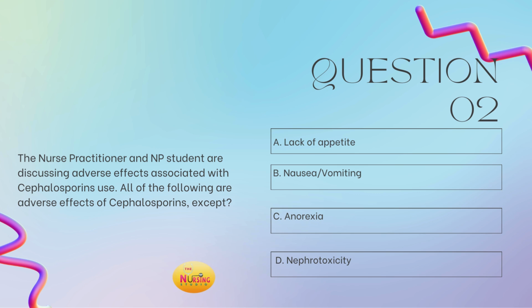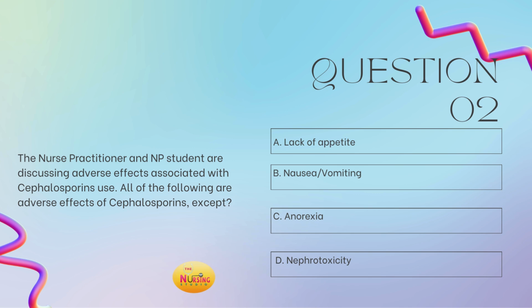All right, so here the stem of the question states all of the following are adverse effects of cephalosporins except. So again, looking for the incorrect. So what is not an adverse effect of cephalosporins, right? So lack of appetite is an adverse effect associated with nausea and vomiting.